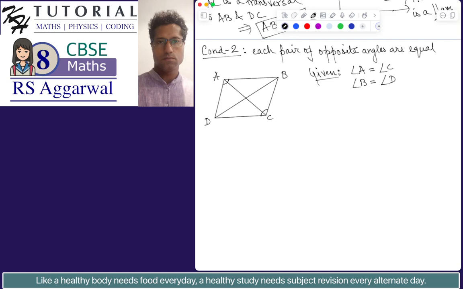We are having one side equal and one angle equal. This is the common side.